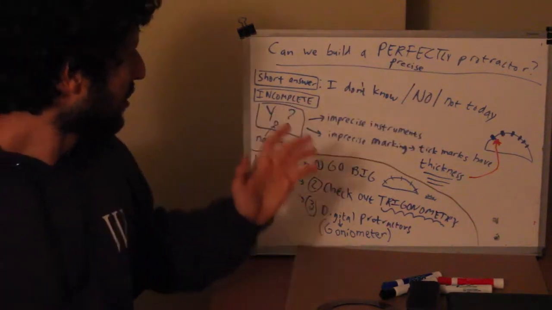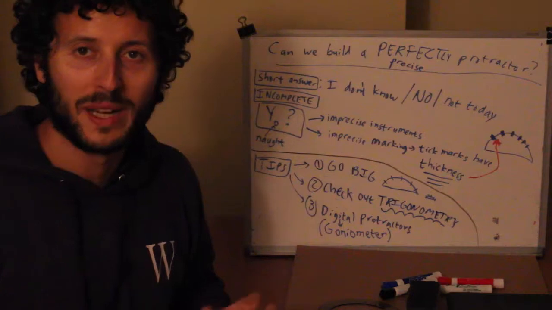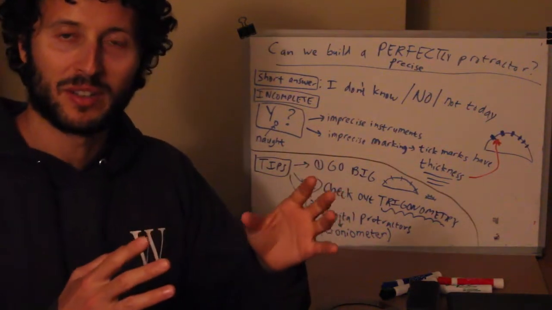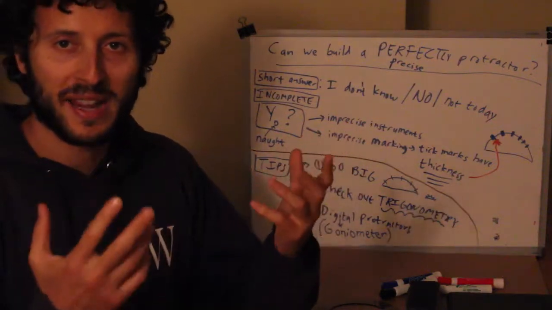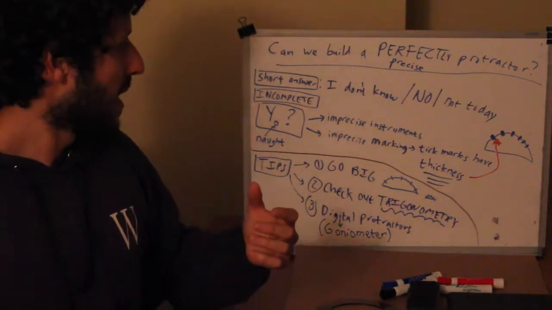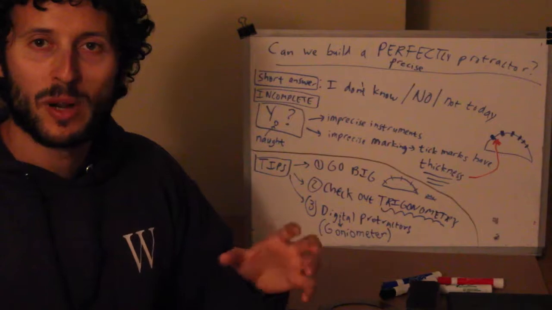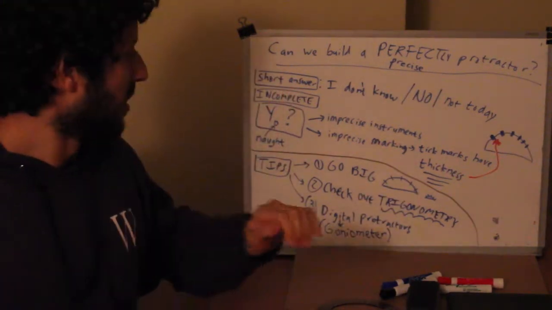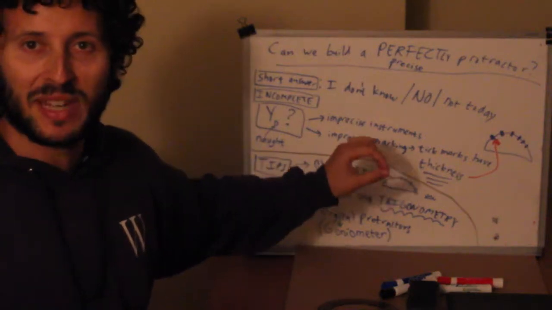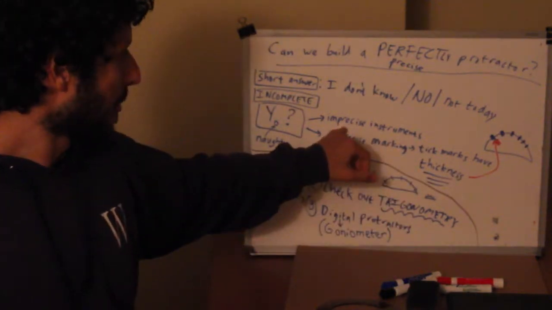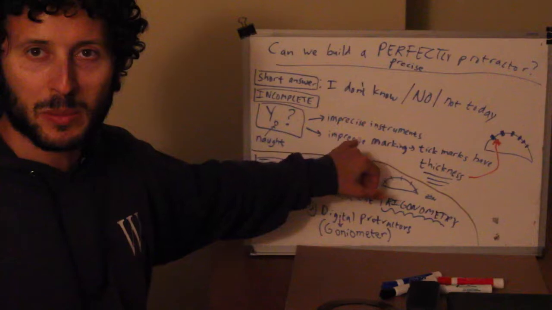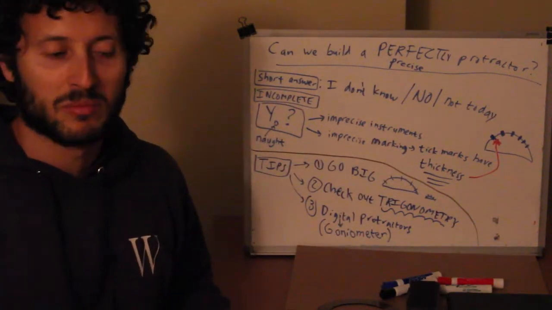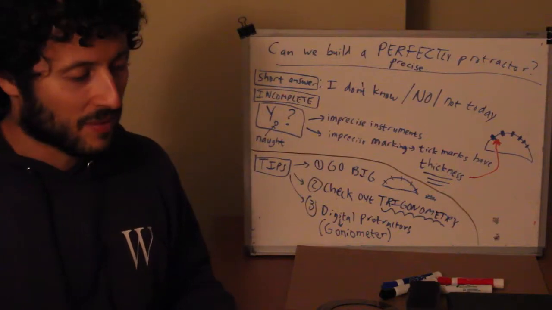So how come we can't do it? Why not? So one really fundamental reason is, if you want to build something, you're using either your hands or other instruments, and no matter what instrument you're using, let's say I'm using a ruler, all of our instruments have imprecision built into them. Literally every instrument we use is imprecise, whether it's a watch or a ruler.